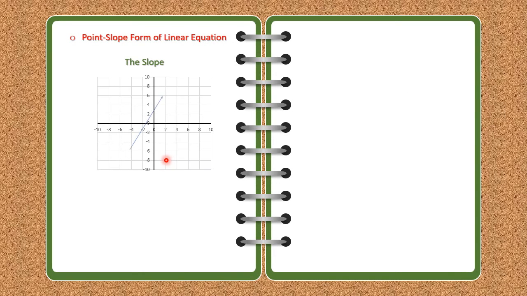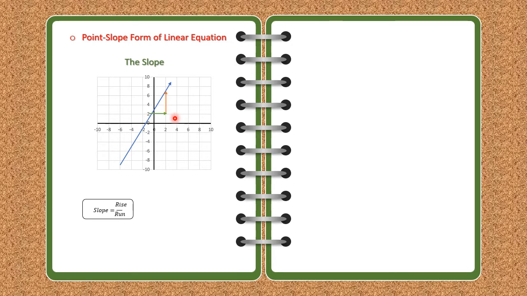Let's look at the slope. In this case, the rise is going up. When you increase x, y will increase. And this is the run.